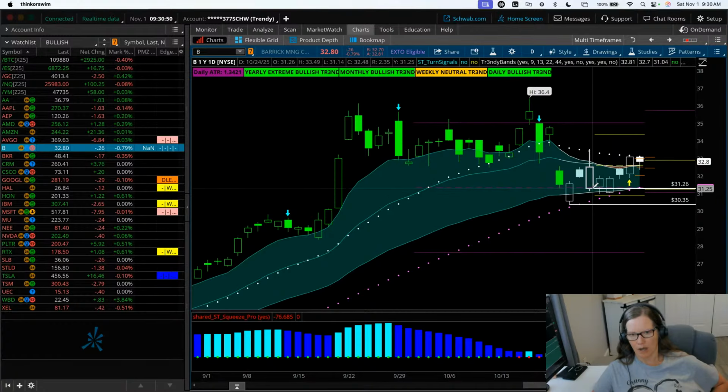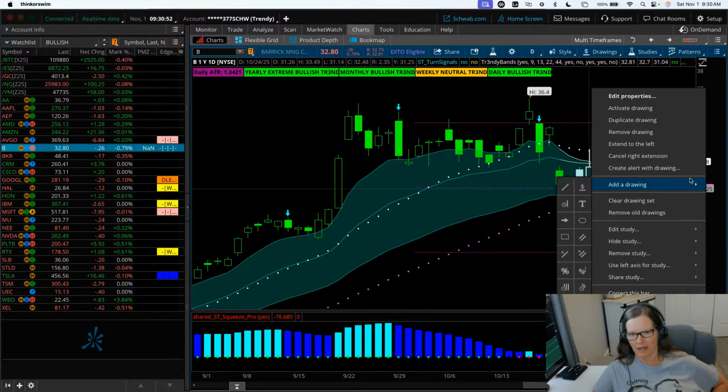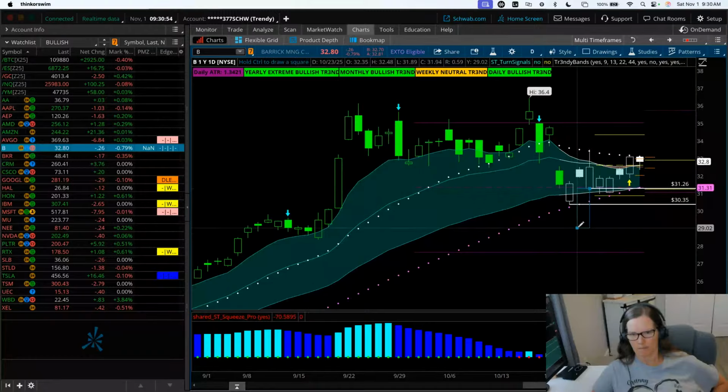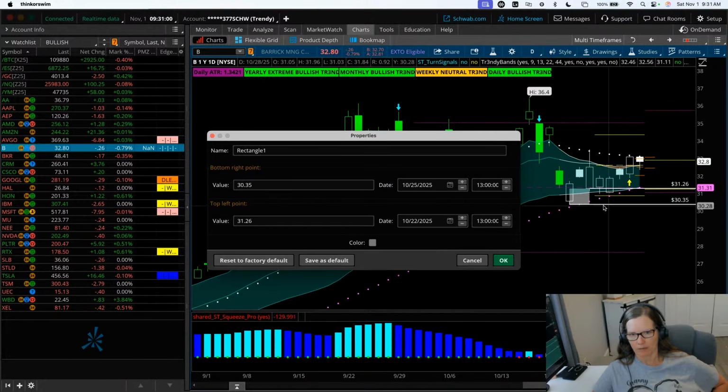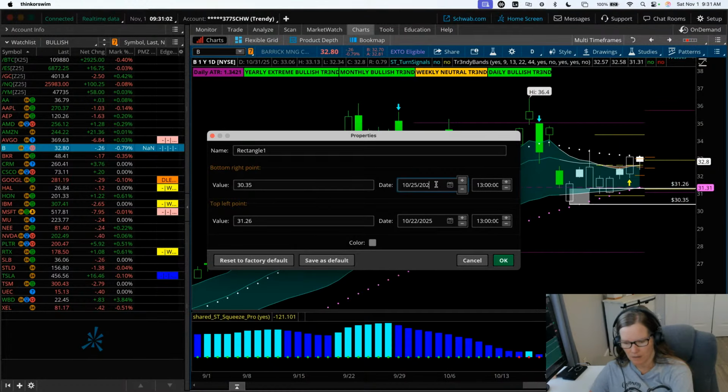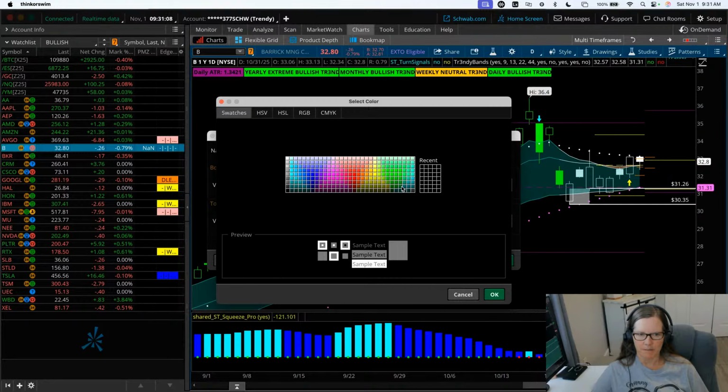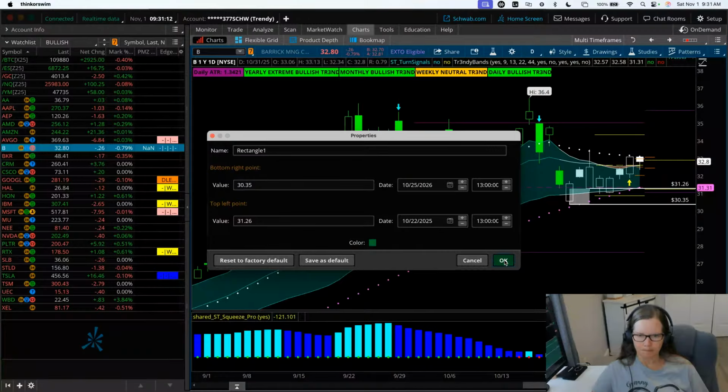This is a zone I want to use for Barrick to buy a dip. What is also lining up there is the bottom of that daily cloud. The cloud itself is support until proven otherwise. Proven otherwise means a daily, in this case, close below the cloud.